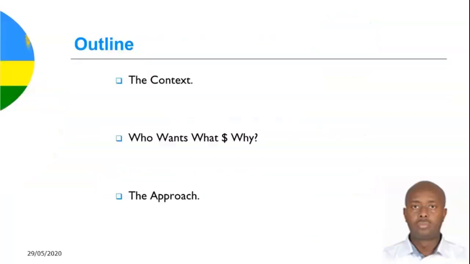To start with, we try to understand the context that we are working in. Then we also try to understand who wants what and why do they want the information. And then that informs the approach that we take going forward in terms of both access, but also making sure that we protect confidentiality and privacy. Next slide, please.